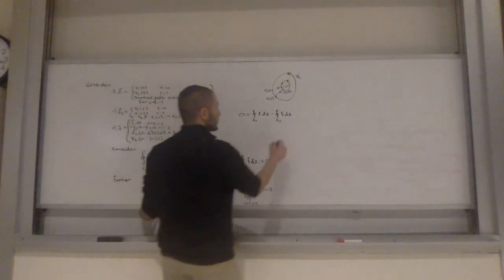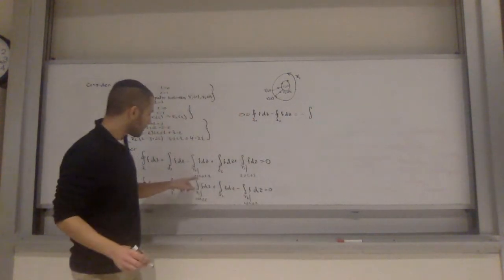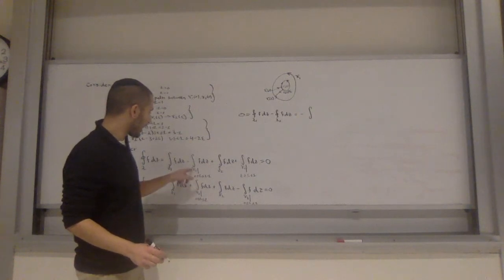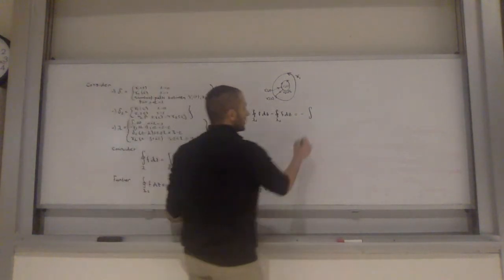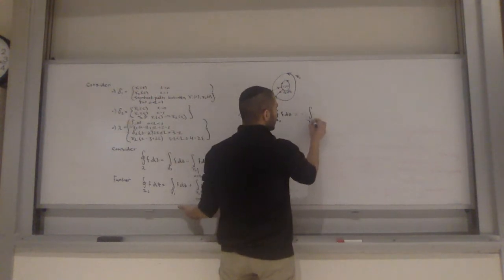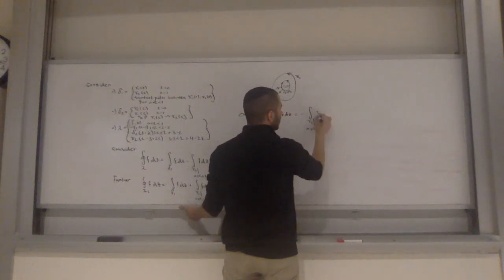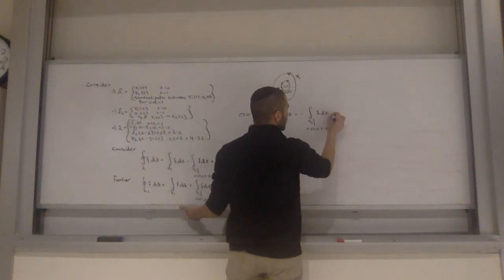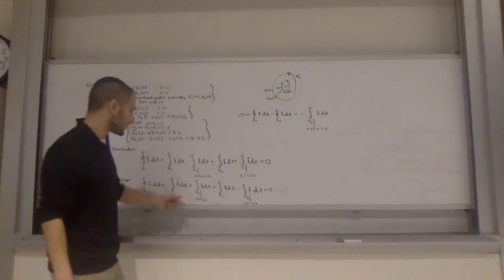So this is minus the integral along gamma 2 where t goes from 0 to 1 minus epsilon. So this is gamma 2, t greater than or equal to 0, less than or equal to 1 minus epsilon, of f dz. Now, of course, it's this minus this.